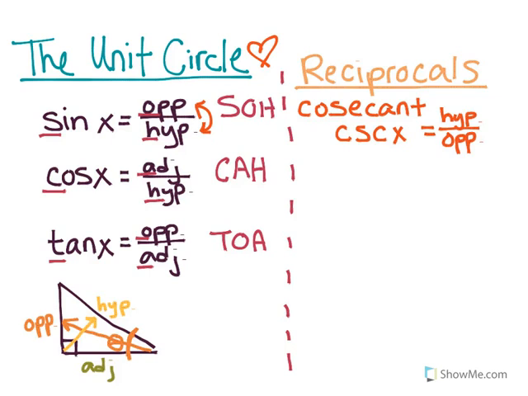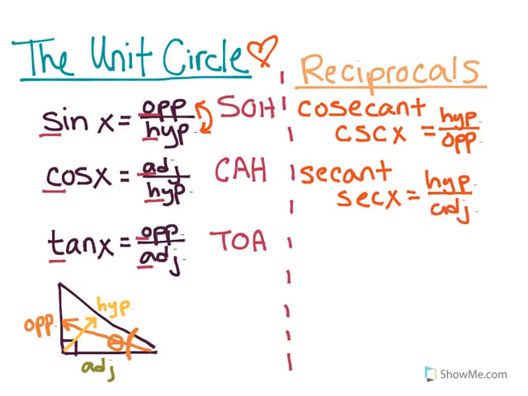So the same exact thing goes for cosine. Cosine's reciprocal name is just secant, which is abbreviated as SEC, and we flip cosine's ratio. So instead of adjacent over hypotenuse, it becomes hypotenuse over adjacent.